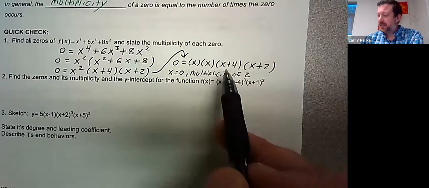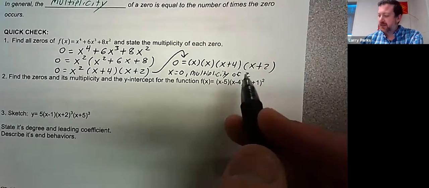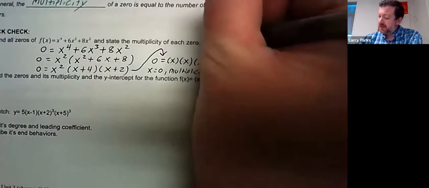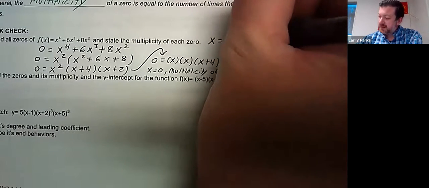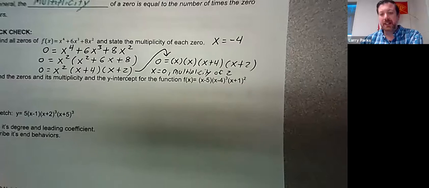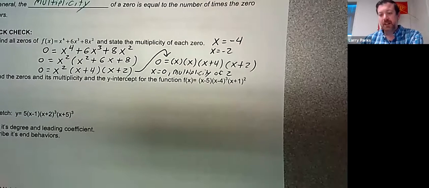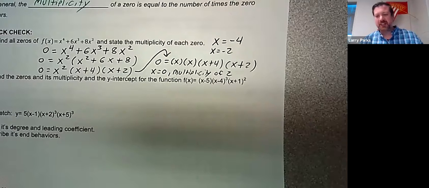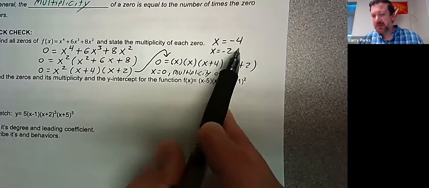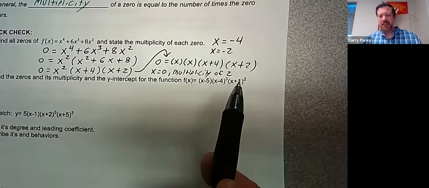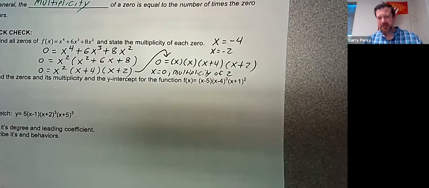And then I would also say that negative 4 is a solution, and negative 2 is a solution. And now how many times do they occur? They occur once. You could say multiplicity of 1, multiplicity of 1. Usually when the multiplicity is 1, people don't list it, but feel free to.